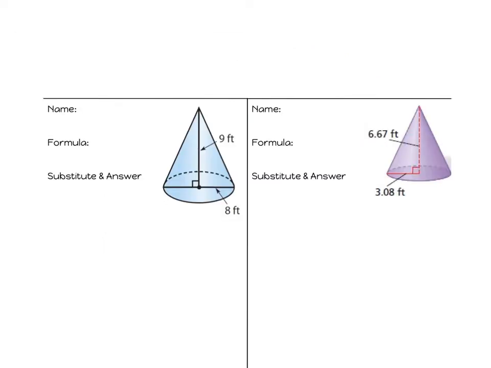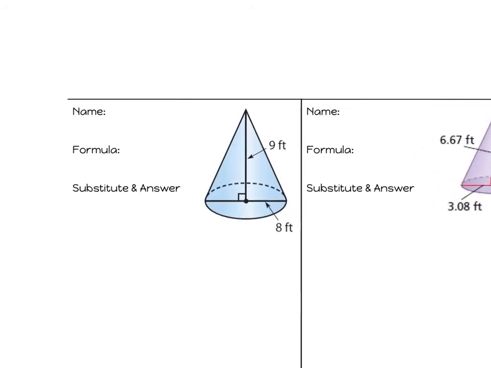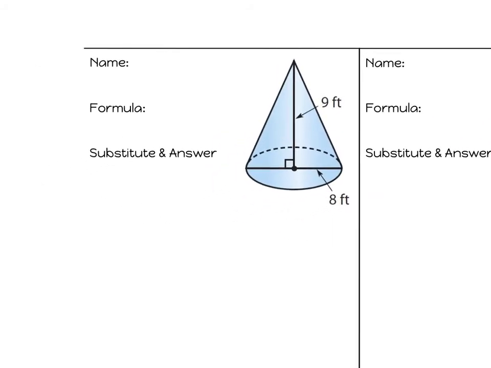Flipping the page, we have our next question. So again, this is a cone, and our formula is still volume equals 1/3 pi r squared times the height. So let's figure out our radius and our height. So remember, the radius is halfway across the circle.